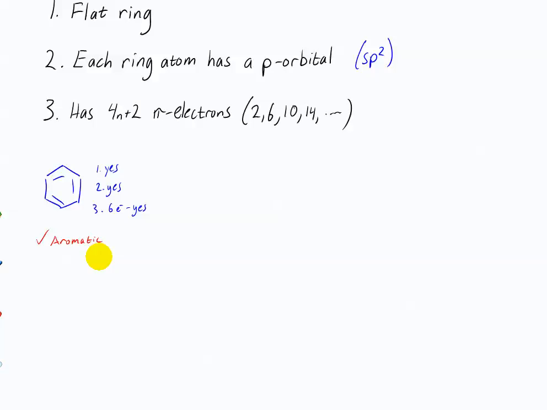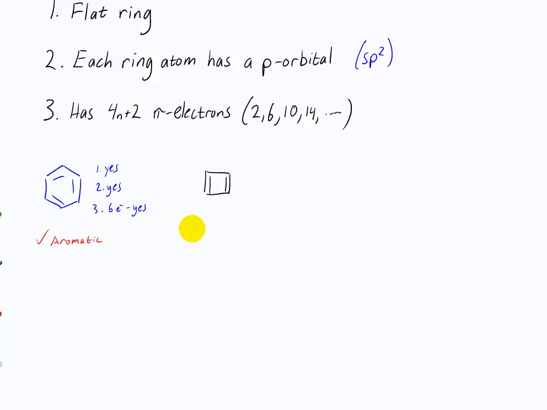And what does that mean to us? Why is that important? Well, it means it's especially stable. So when you're looking at reactions and you're trying to think, well, will this happen? If you can make something aromatic, that's probably what's going to happen. Okay. Let's try another one. Cyclobutadiene. Is that a flat ring?